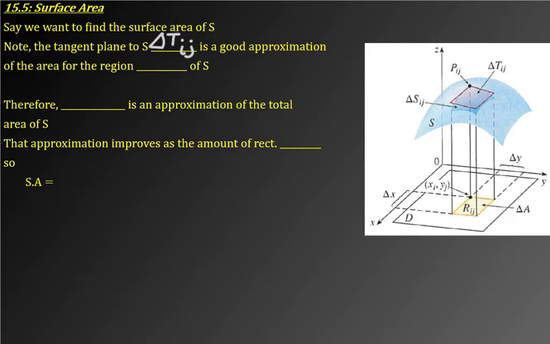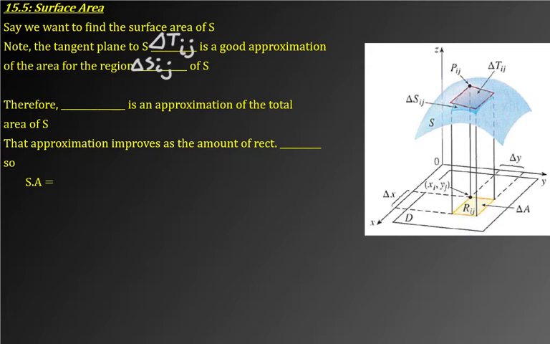It's an arbitrary tangent plane based on what arbitrary region you're over. That covers some smaller patch of S, the smaller patch of S being delta S sub ij.